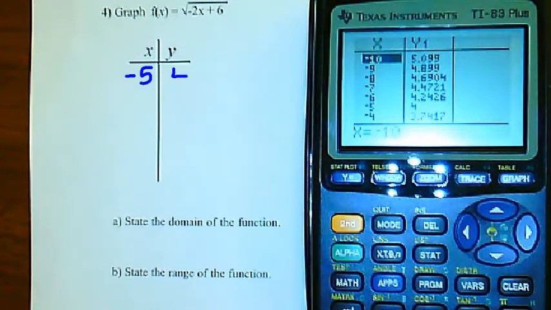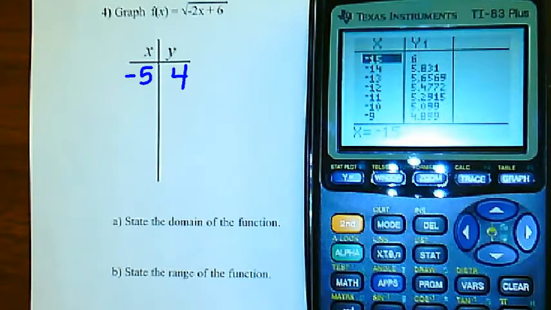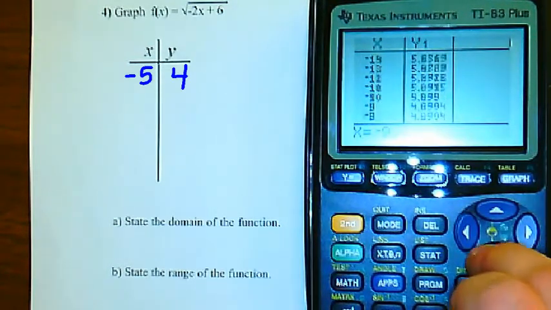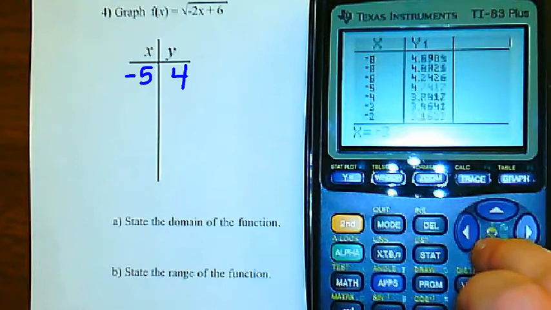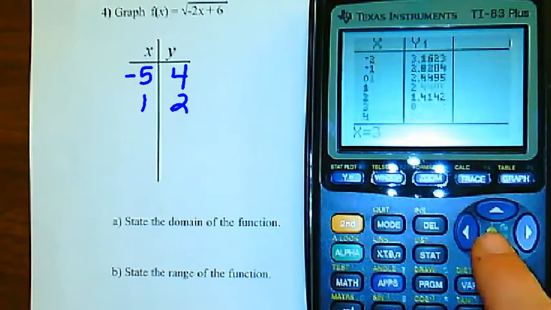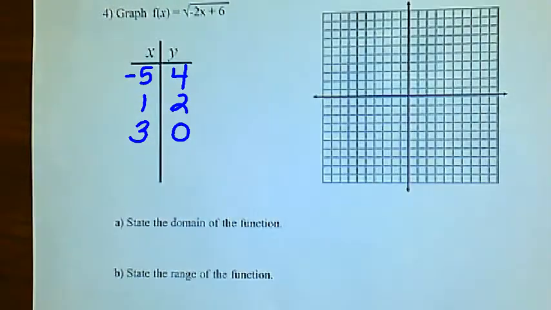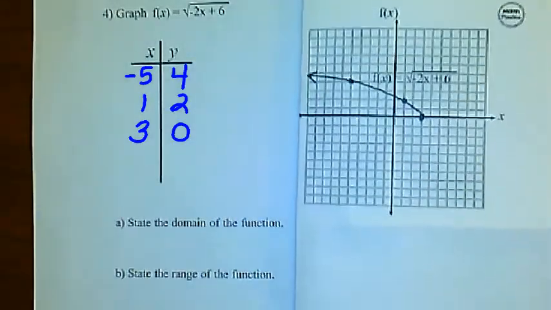So negative 5, 4. that'll probably be our only negative. So negative 5, 4, and then go back towards the positives. So 1, 2, and 3, 0. Once we hit 3, 0, then we cannot go any further. So you're going to go ahead and graph these like I've done.